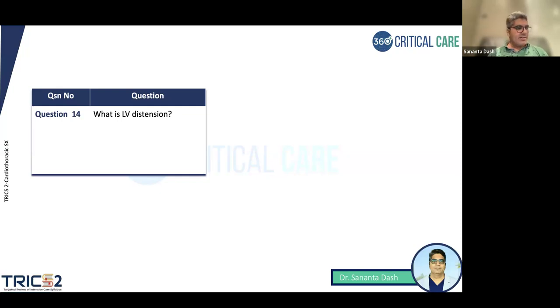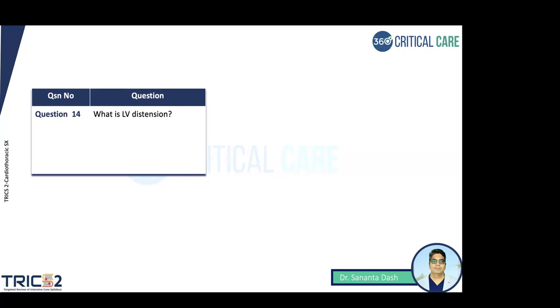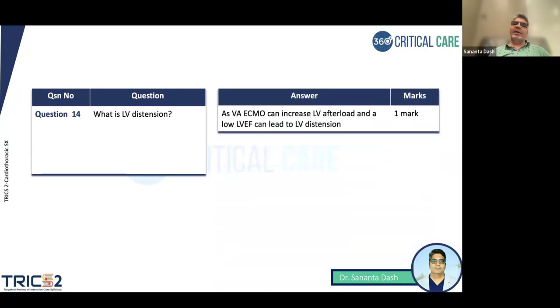Can anybody answer this? The returning blood to the arterial circulation brings a pressure over the left ventricle and increases the left ventricular afterload, so that leads to distension. Yeah, that's correct. VA ECMO can increase LV afterload, and a low LV ejection fraction can lead to LV dysfunction.